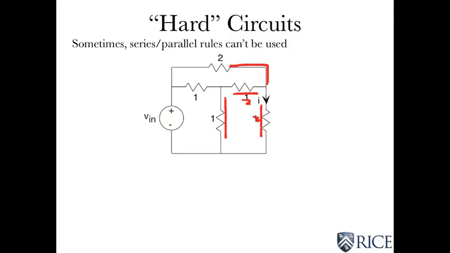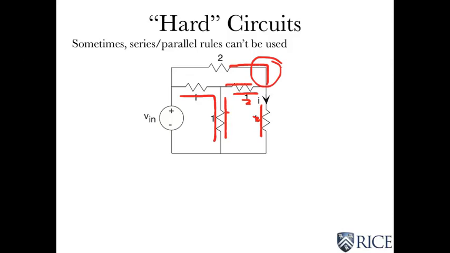So these aren't in series, and because of that branch, this is not in parallel with those two either. And these two look like they might be in series, but they're not because of this side branch, etc.